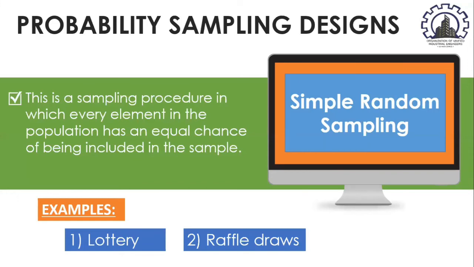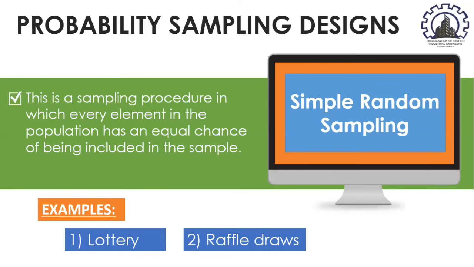Why are lottery and raffle draws examples of simple random sampling? It is because in lottery and raffle draws, everyone has an equal chance to be selected, all right? Every number, every person has a non-zero chance to be selected. So that is the idea about simple random sampling.